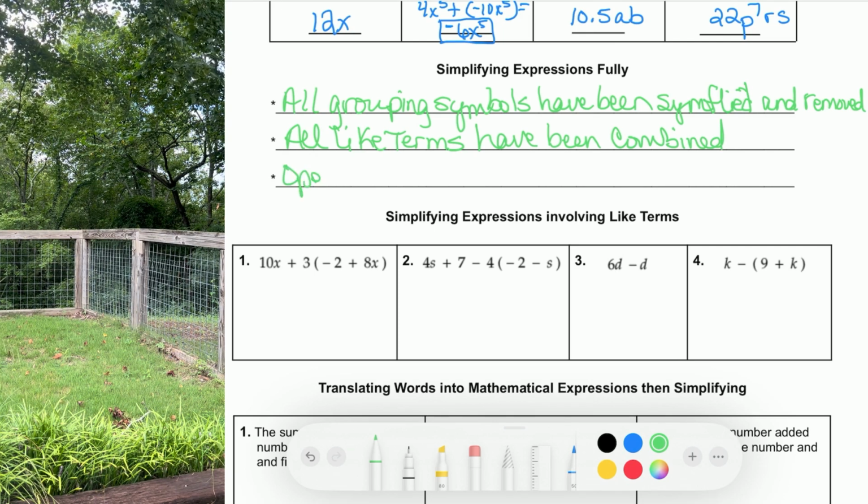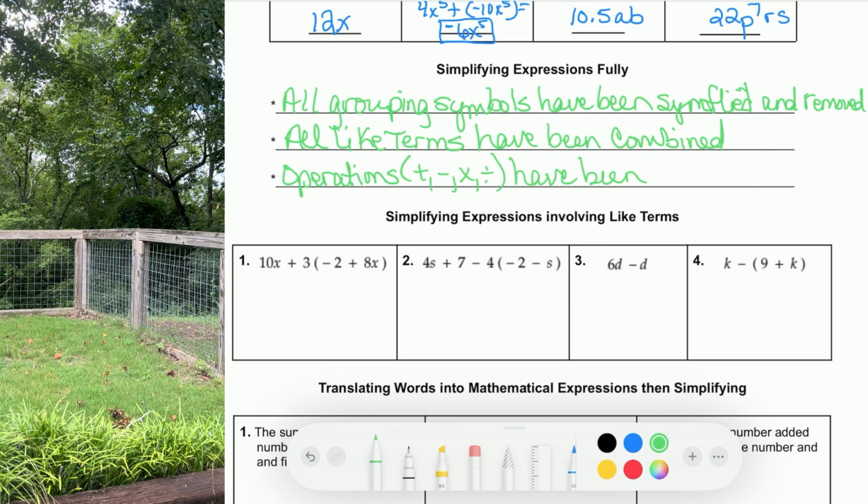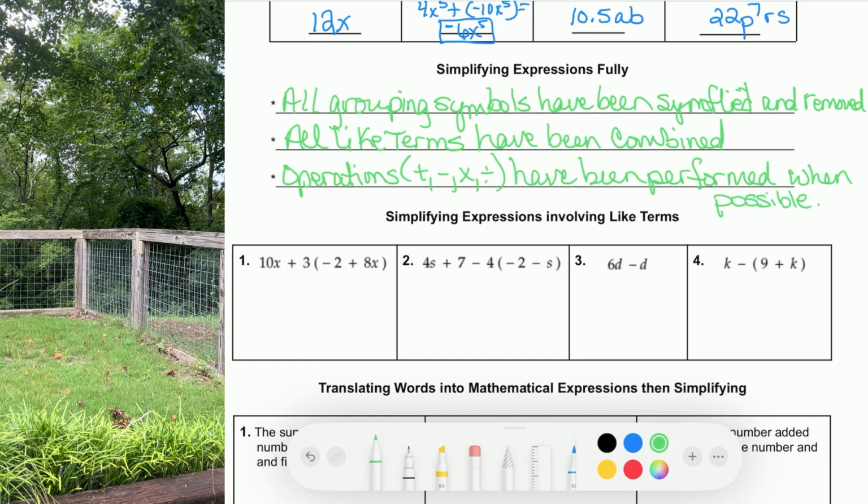And then the last thing, operations. And what I mean by operations are plus, minus, multiplication, division have been performed, when possible. Won't always be possible, but if you can, go ahead.